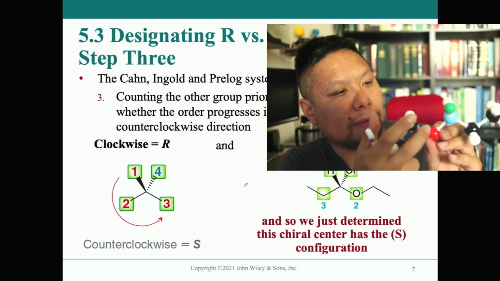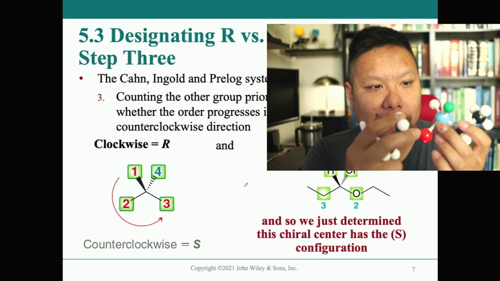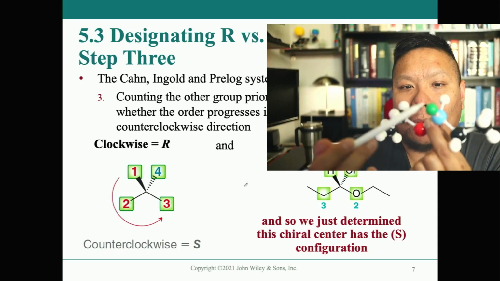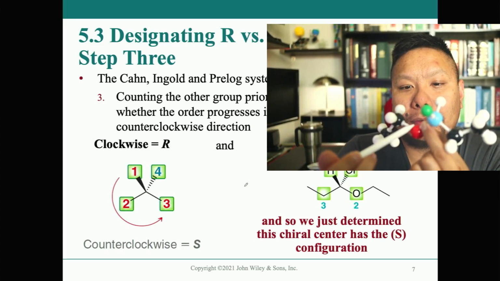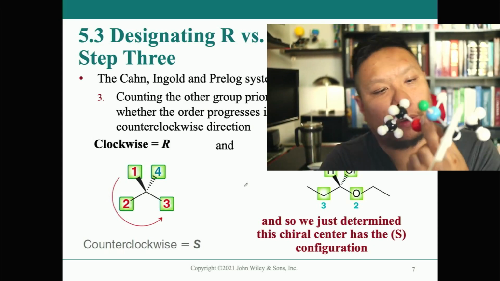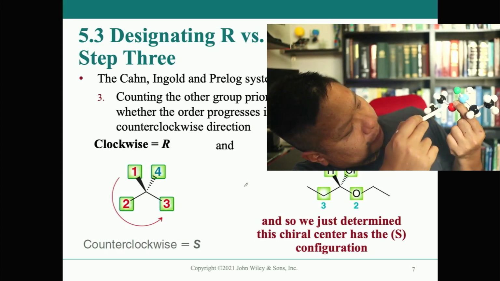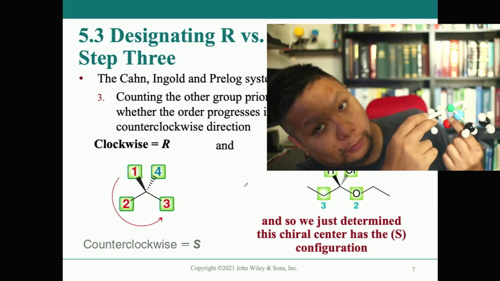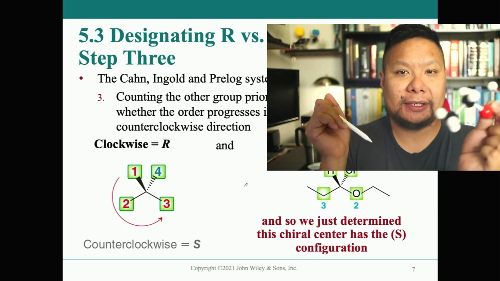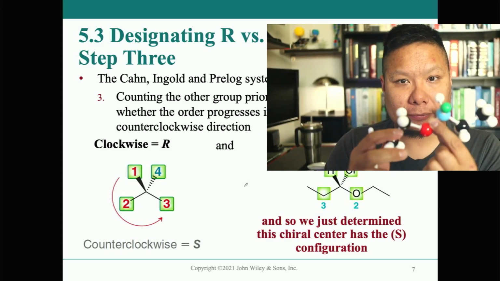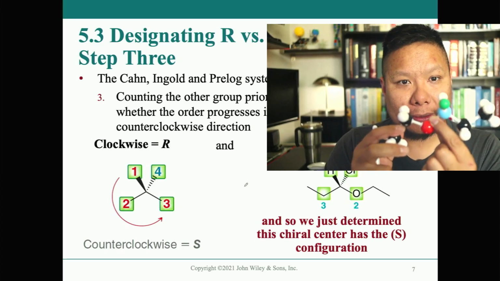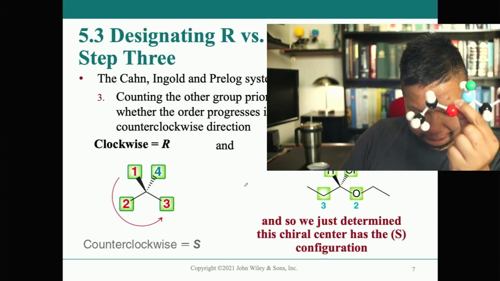It's hard to see when I'm doing it that way. So 1, 2, 3, 4. I'm going to do it so I can look at it from the front. 1, 2, 3, 4, right? Which means that right there is going to be counterclockwise.